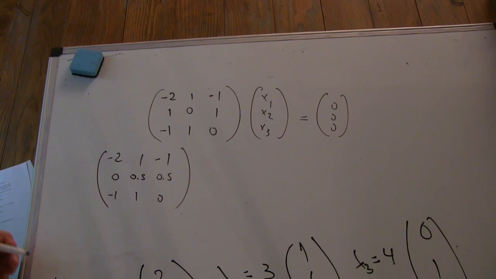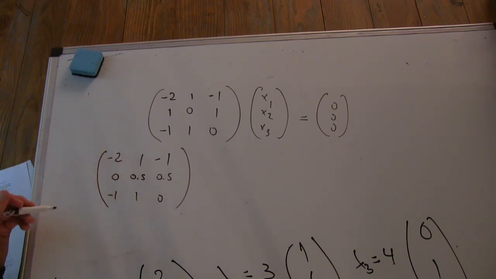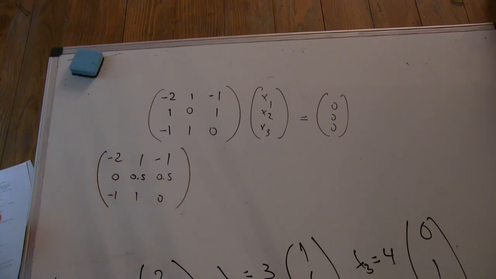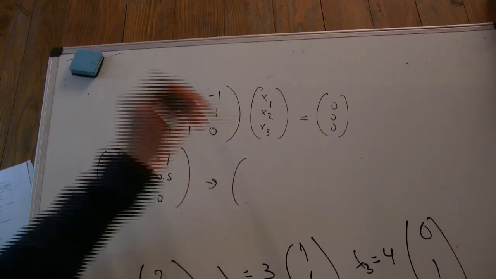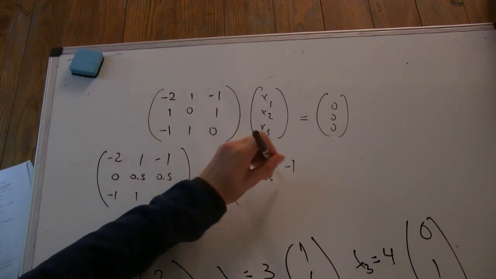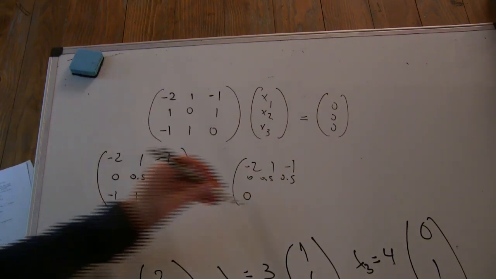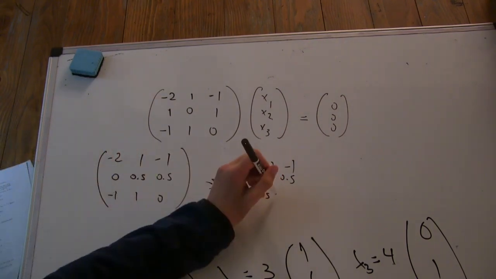And then we're gonna subtract half the first row away from the third row, and then we get -2, 1, -1, 0, 0.5, 0.5, and then 0, 0.5, 0.5.